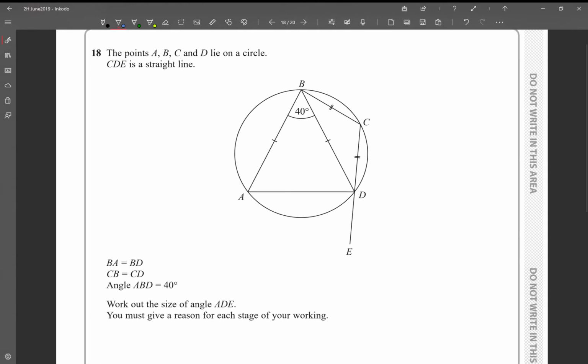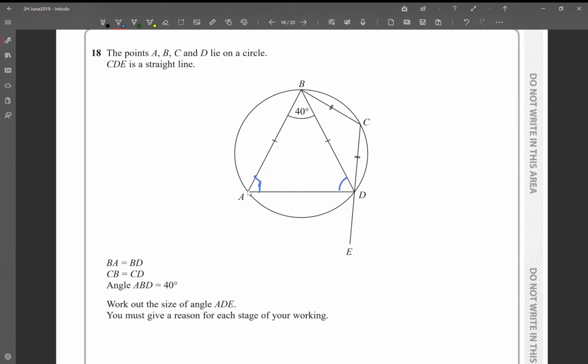So lots of things to know. There's lots of things going on, and they've helped you out in a lot of ways, to give you these lines, which means that that is an isosceles triangle, and therefore the angles BAD and BDA are the same. I'm going to do all my workings first, and then structure it to say what you need to actually write.